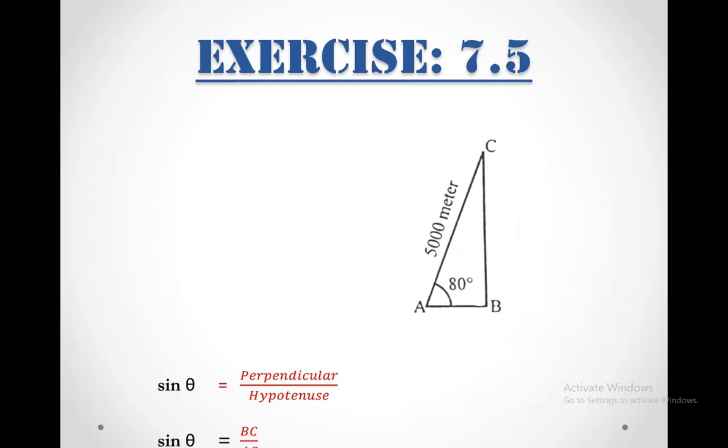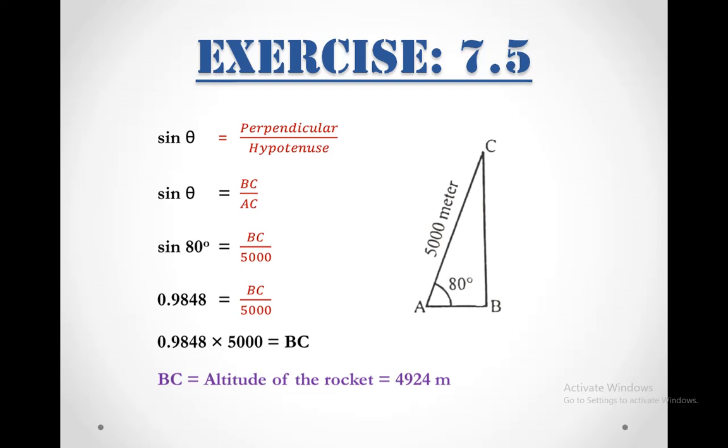Continuing on the next page, viewers, you need not draw the diagram again, because once you have drawn it, it will be visible for you. So utilizing the formula sine theta is equal to perpendicular over hypotenuse, we have sine theta is equal to BC over AC. In this case, sine of 80 degree becomes BC over 5000.